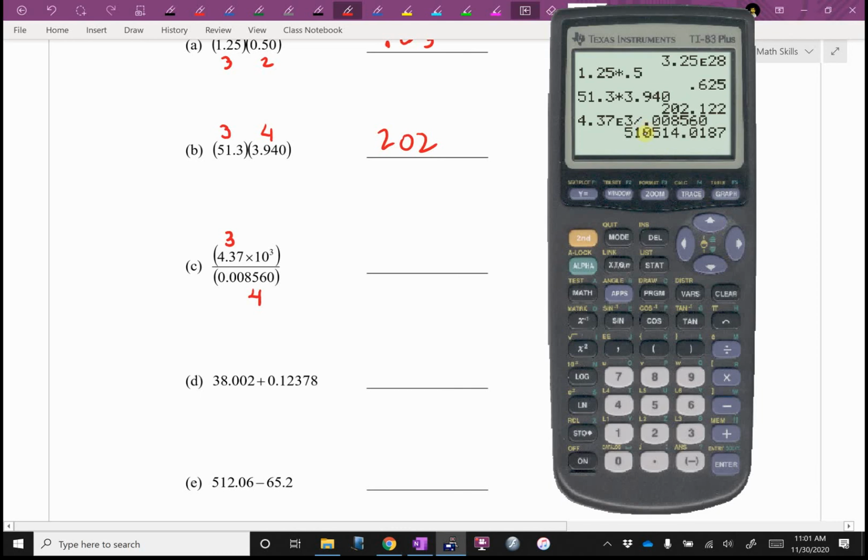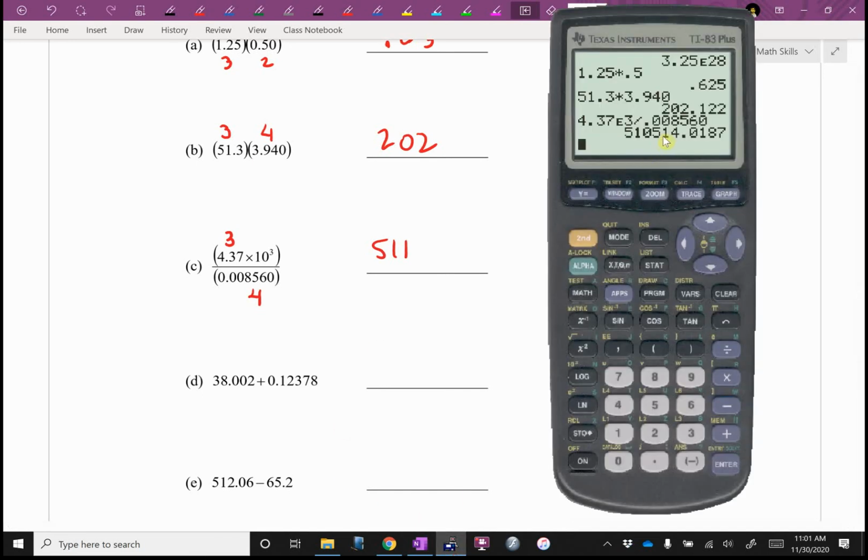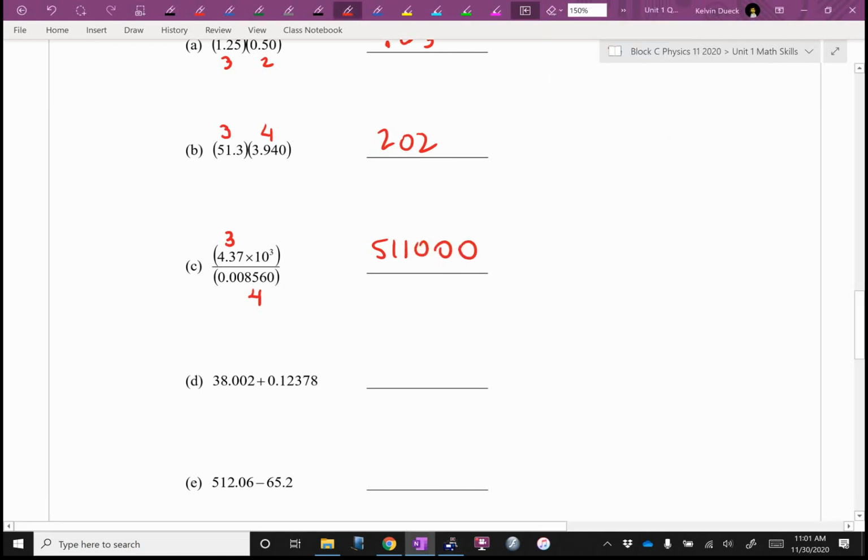Is that 0 going to stay a 0 or become a 1? Making sure did I make a typo? Nope. So it's going to be 511, but it's not 511 because I notice that there's 3 more digits after that that we have to fill in with the zeros. It's 511,000. Is that right? Or 5.11 times 10 to the 5th.